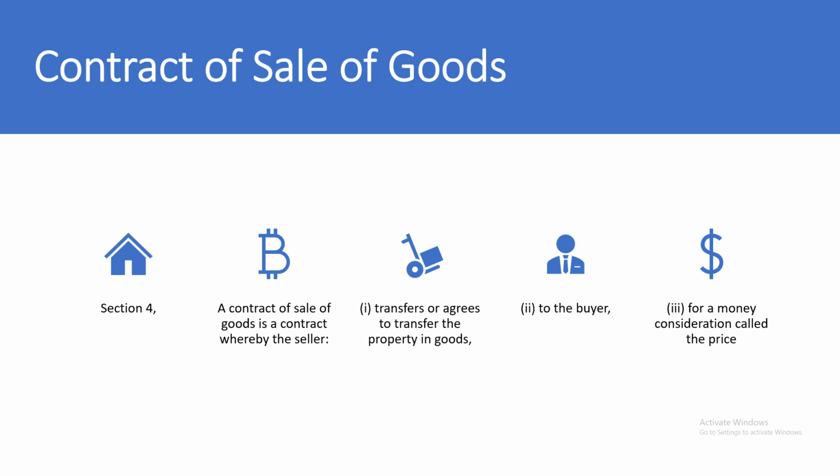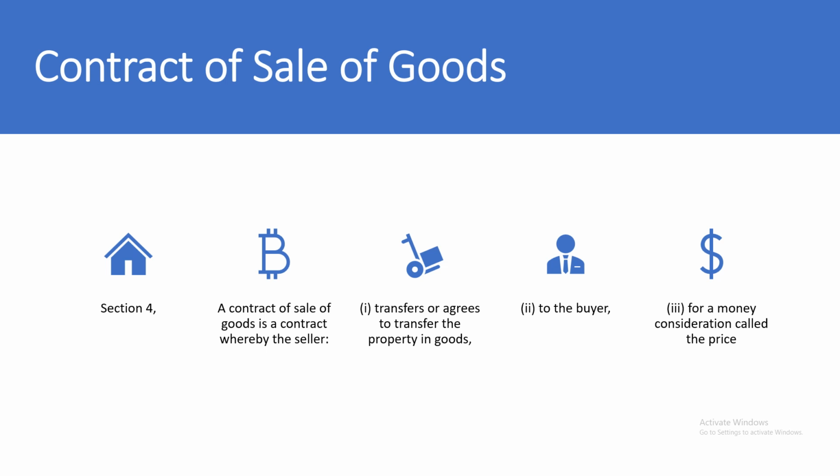A contract of sale of goods is a contract whereby the seller transfers or agrees to transfer the property in the goods to the buyer for a price. That is, the consideration should always be money.